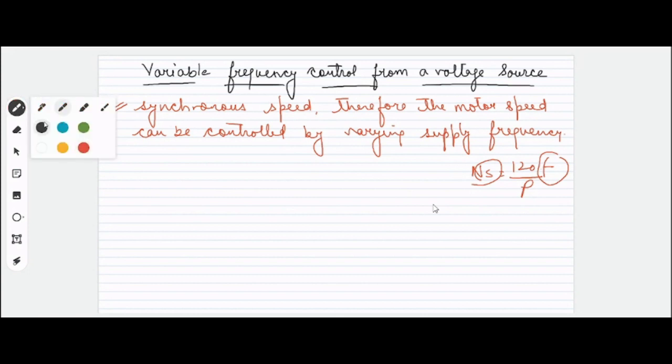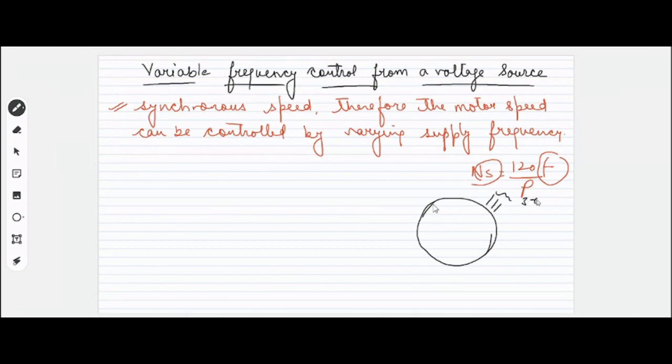But we also have learned that when we apply the three-phase supply across the stator of the motor, an EMF is induced on the stator side as well as on the rotor side. The stator side induced EMF E1 can be given by the expression 4.44 f phi m N1 kw, where N1 represents the stator winding turns.